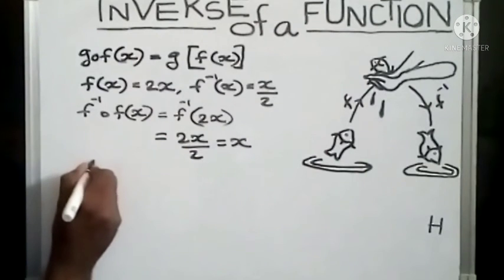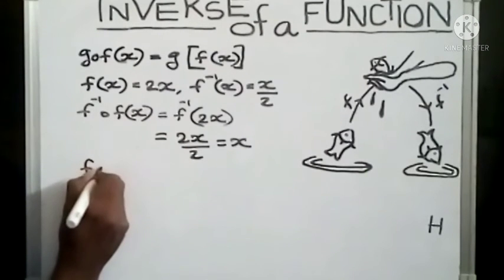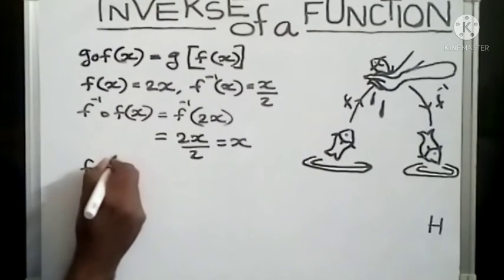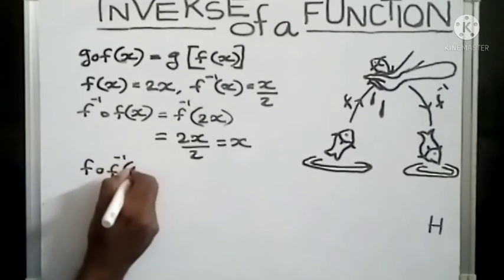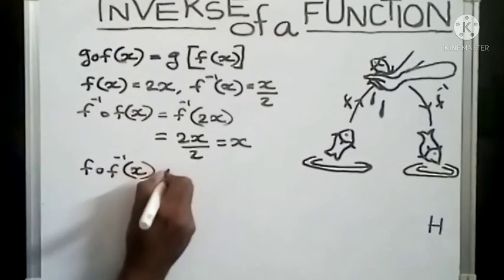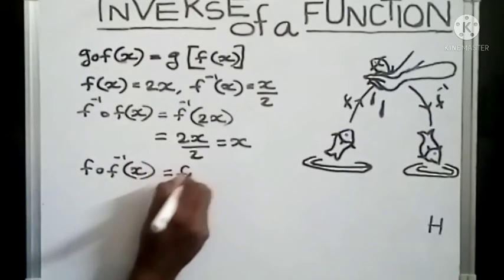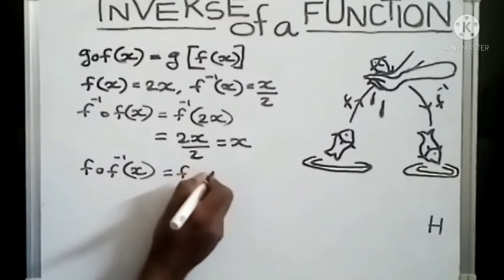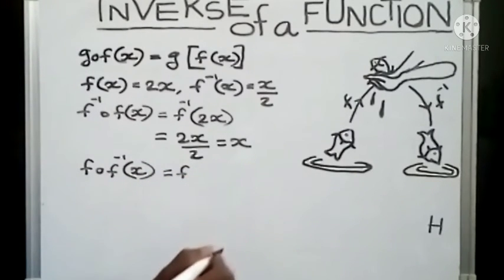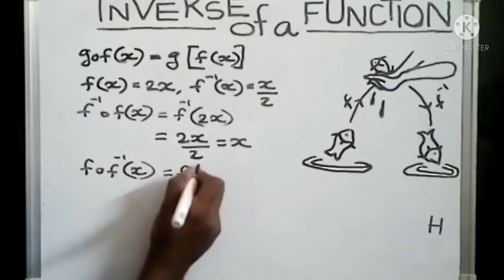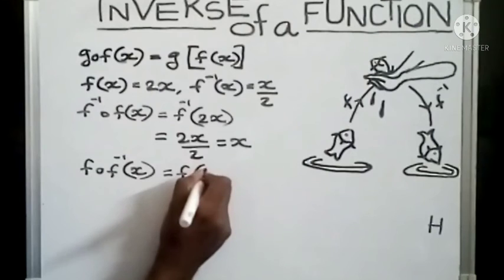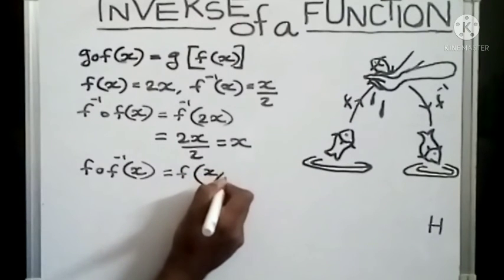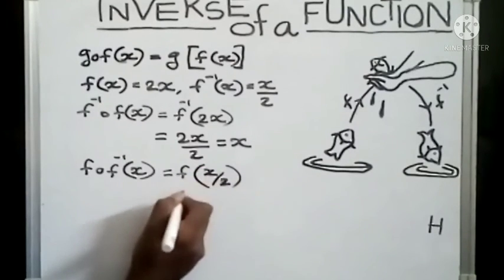And similarly, f of f inverse of x. What is f inverse of x? It is x by 2, so we have f of x by 2.